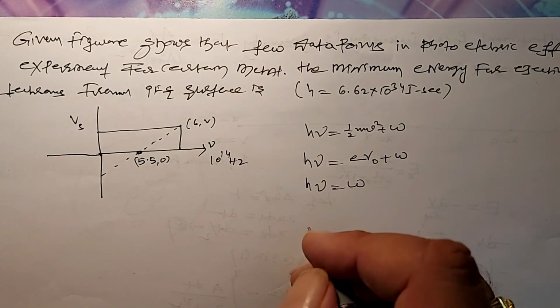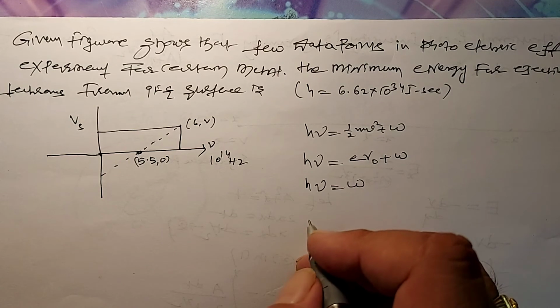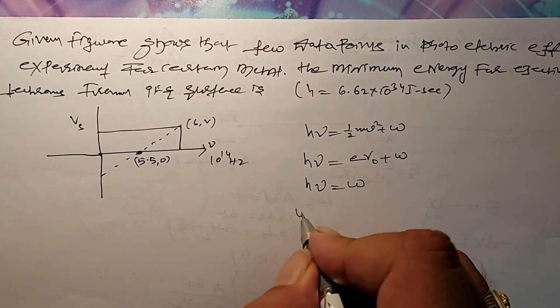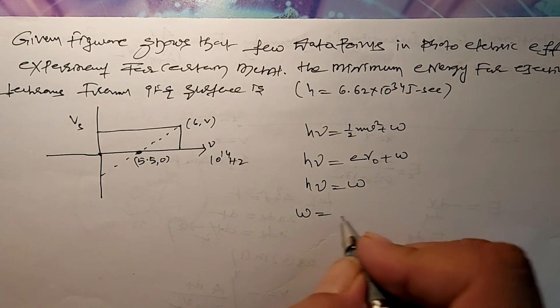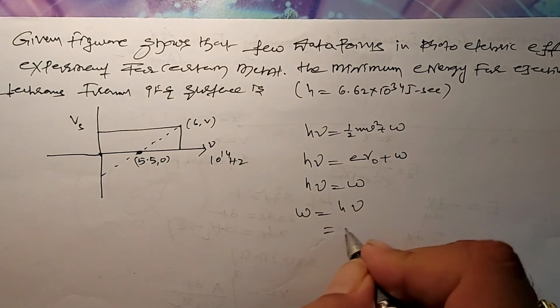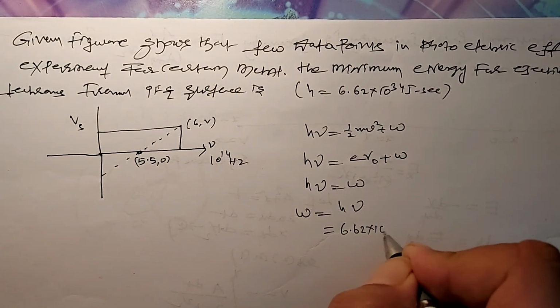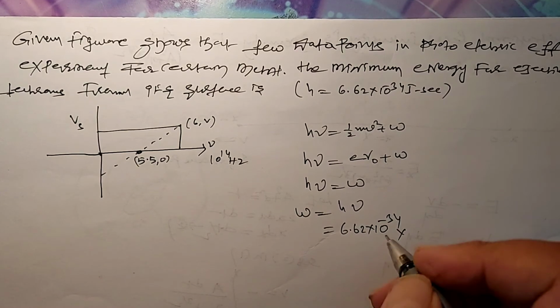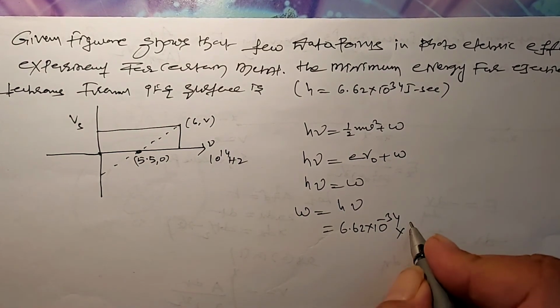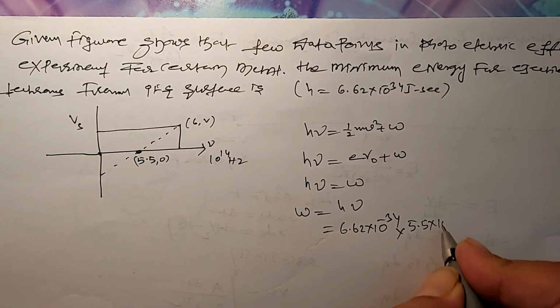So W is equal to h nu. h is equal to 6.62 into 10 to the power of minus 34, into frequency 5.5 into 10 to the power of 14.